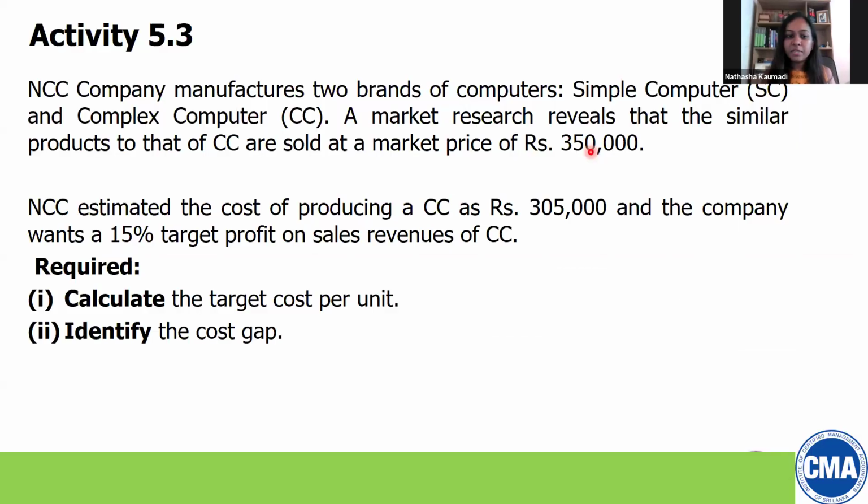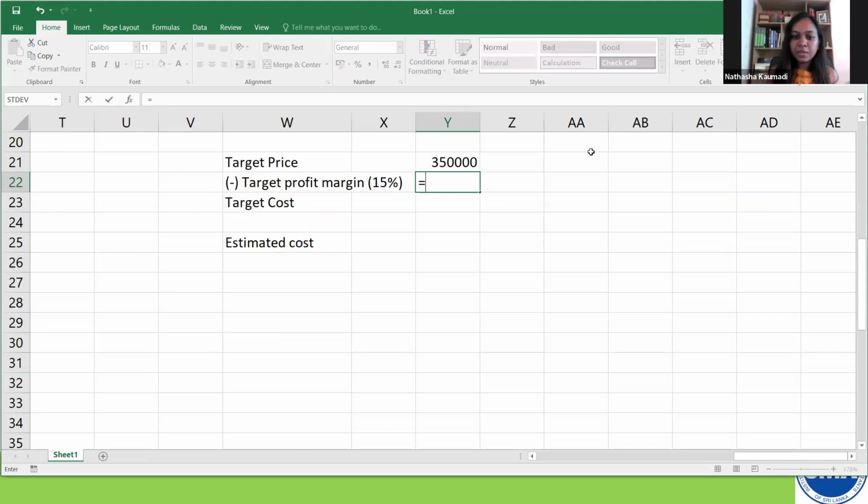And then the target profit is 15%. I'm calculating 15% from the selling price. That is 52,500. So the target cost would be 350,000 minus 52,500, which is 297,500.